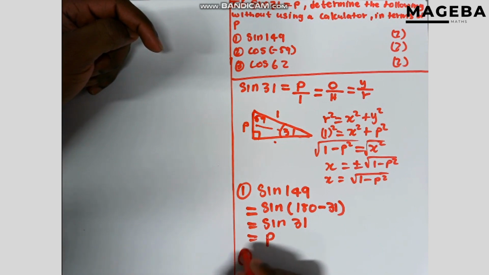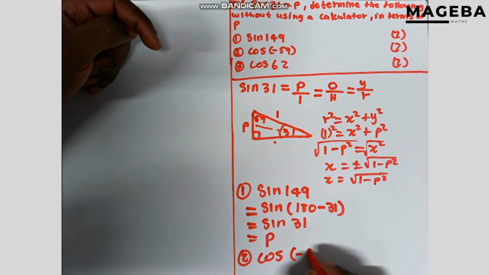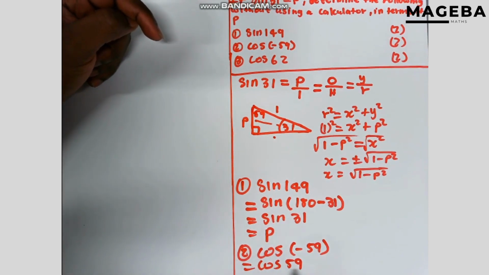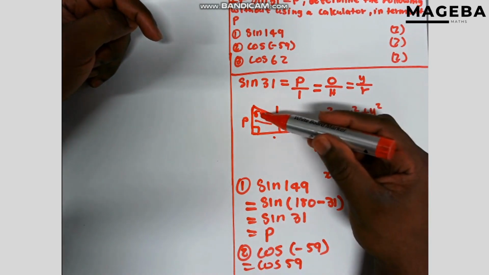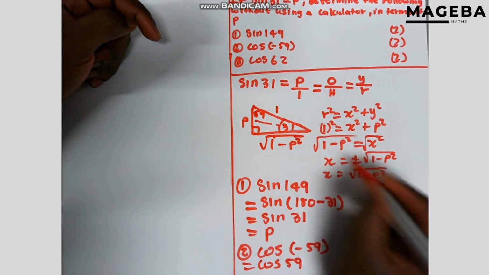And then number 2, they're saying cos of negative 59. Cos of a negative angle is cos of the positive angle, so we're just going to have cos of 59. This 59 we are having it here. We found our x here, which is the square root of 1 minus p squared.